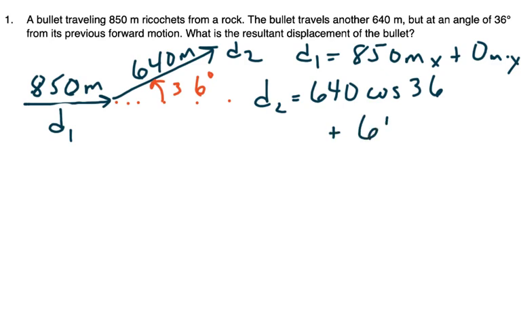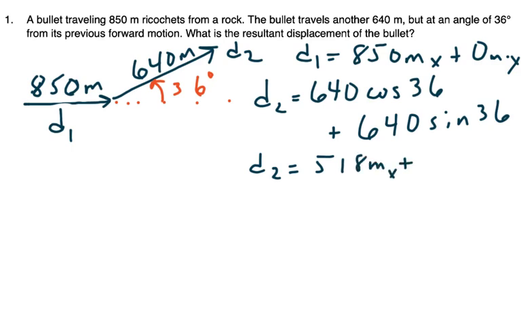Now we find our y component, so 640 sine of 36. This gives us a displacement vector of 518 meters in the x direction and 376 in the y direction.